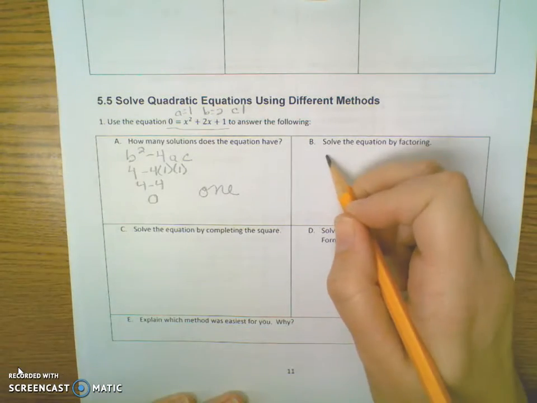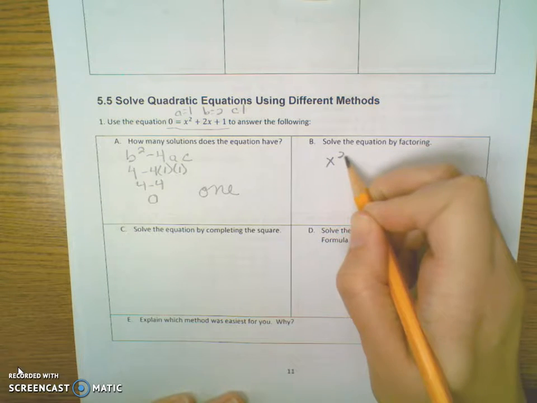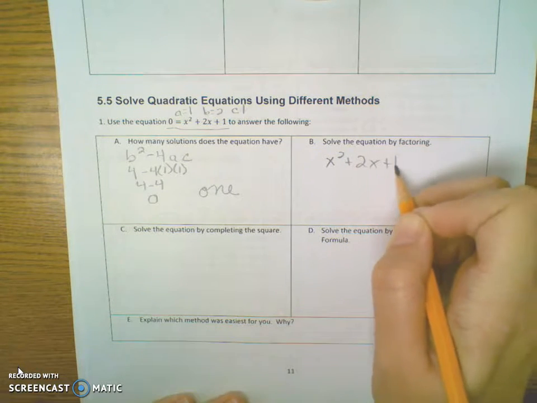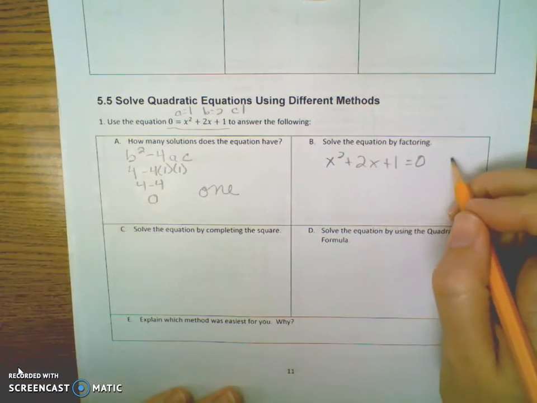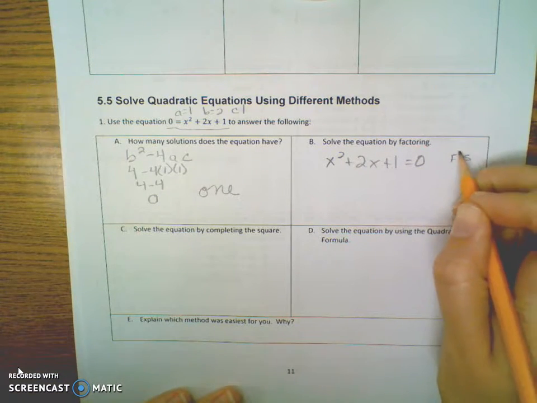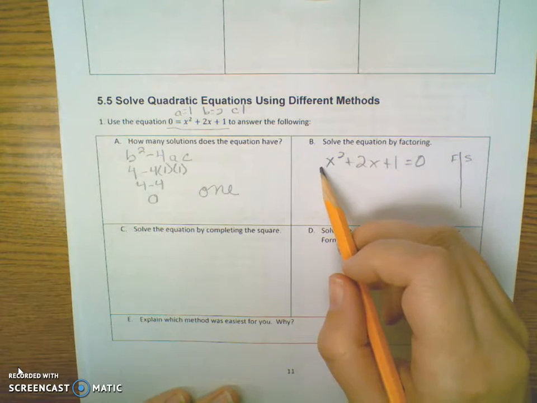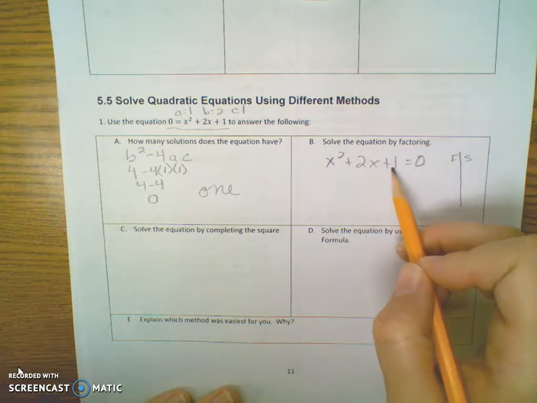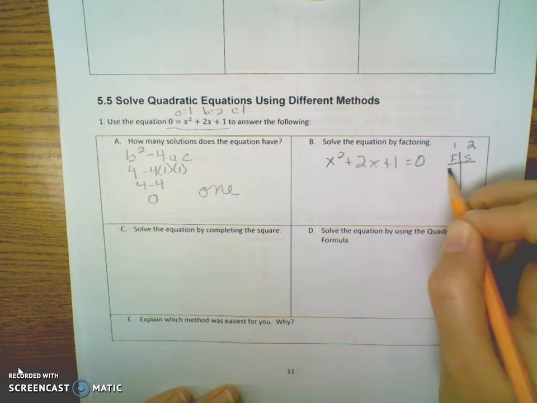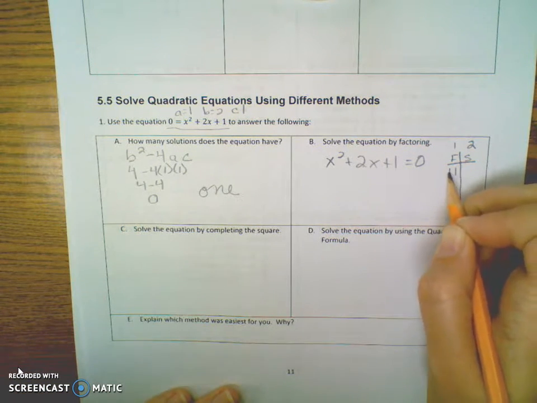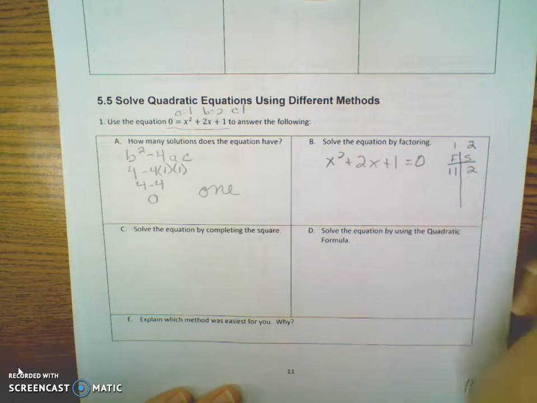So if we're looking at x squared plus 2x plus 1, I'm going to put my 0 over here. And my factors and sums: this has a leading coefficient of 1, so I'm just looking at my factors multiplying to 1 and my sum being 2. So my factors are going to be 1 and 1. 1 plus 1 is 2.